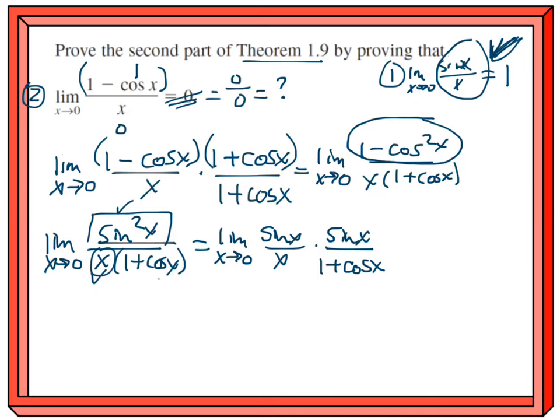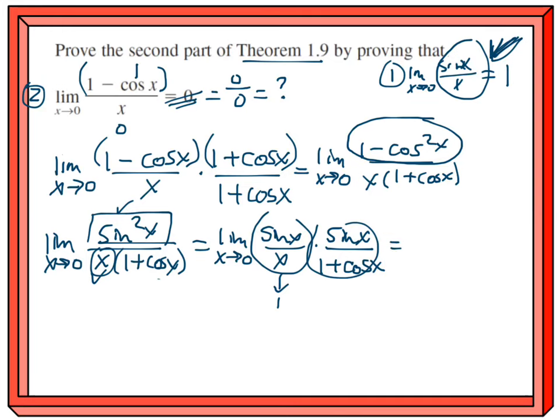Then we had that theorem which basically says that if we can find these individual limits, then we can just multiply their respective limits together. The first one here we proved in class with the squeeze theorem. That's 1, and here we should just be able to directly substitute.